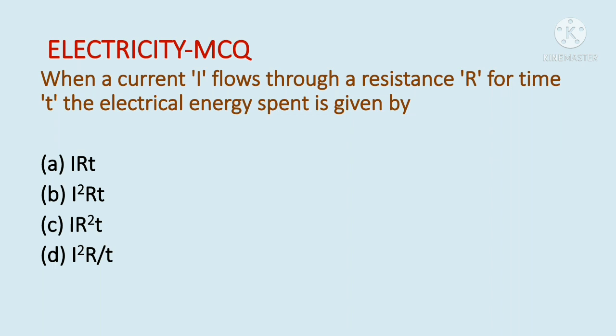When a current I flows through a resistance R for a time t, the electrical energy spent is given by: option A, IRT; option B, I square RT; option C, IR square T; option D, I square R divided by T. This statement says that a current is flowing through a particular conductor which has a resistance, and it is flowing for a certain time.